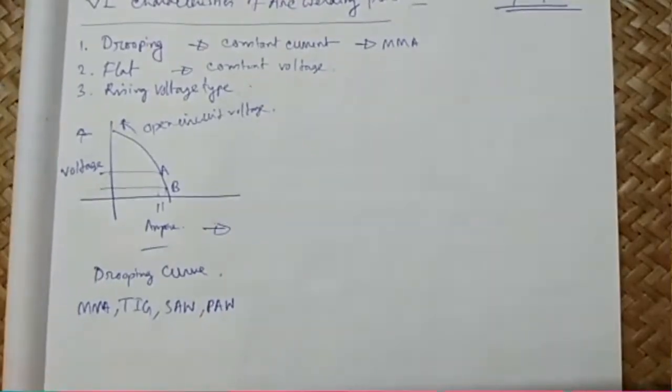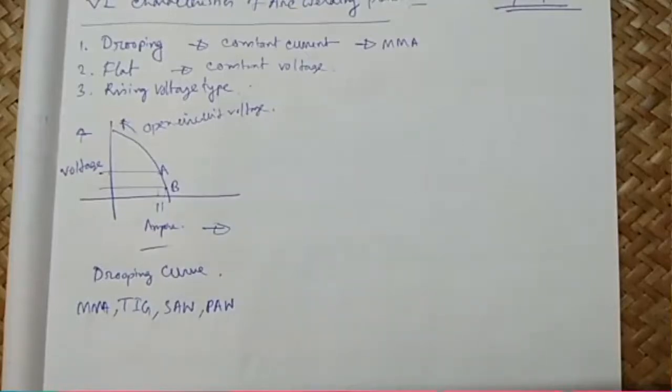Okay, so whenever we change the gap between two electrodes, the current also changes, and to keep the current constant, the voltage changes. That is the characteristic of these particular machines.